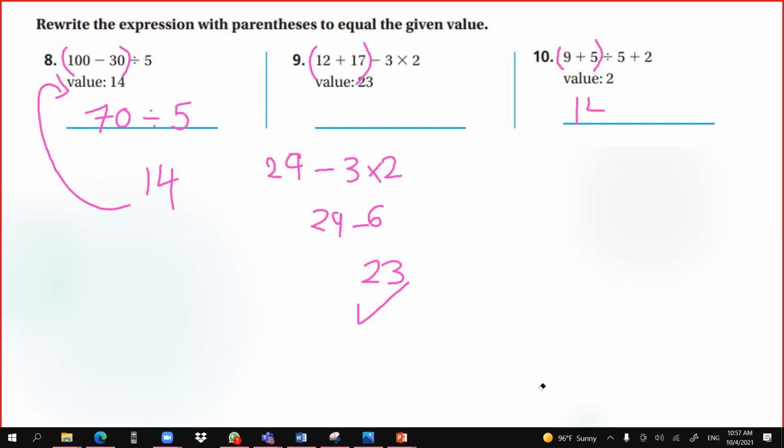Now we have 14 divided by 5 plus 2. But I want the answer to be 2. How can I make 14 to be 2? I divide it by what number that when you divide 14 by it, you get 2? 7. Bravo. But here we have 5 plus 2. So how can you make it 7 with a high priority?